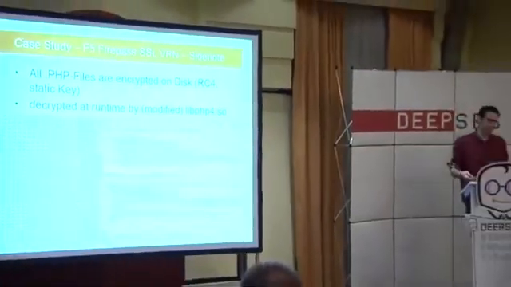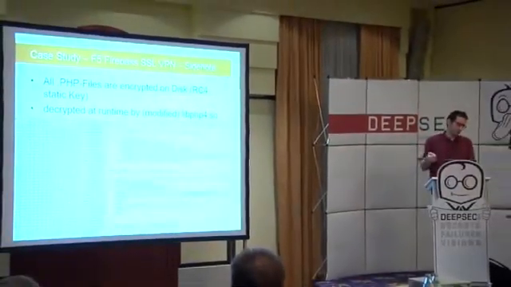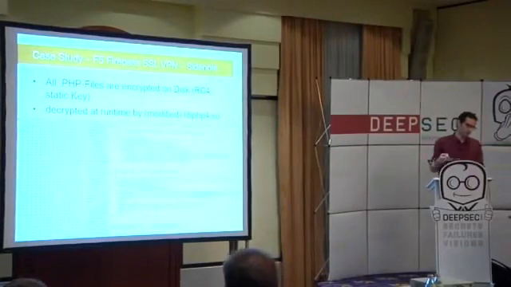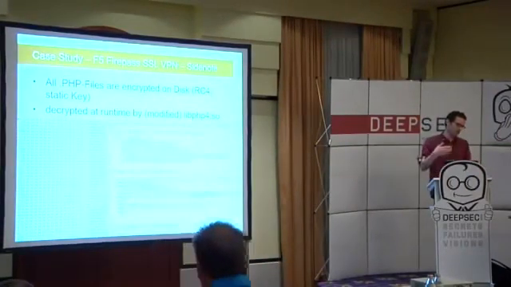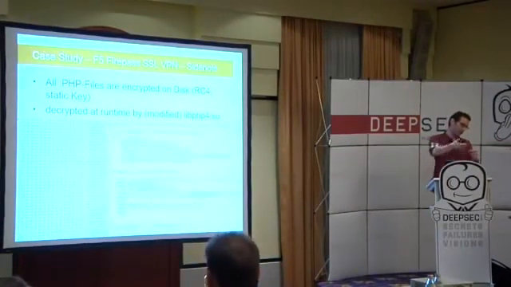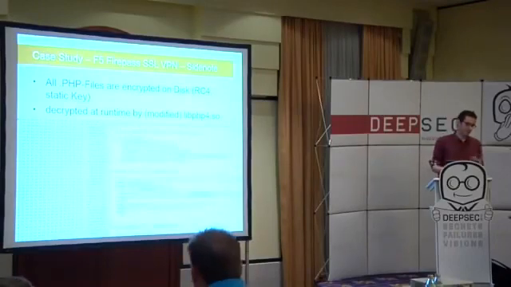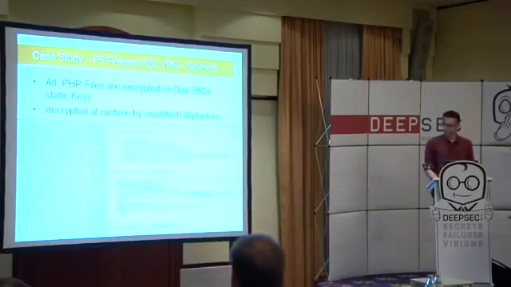So Apache uses libphp, the modified F5 version of libphp, and every time a PHP file is evaluated, they decrypt it for evaluation. So this is the way they are doing this.